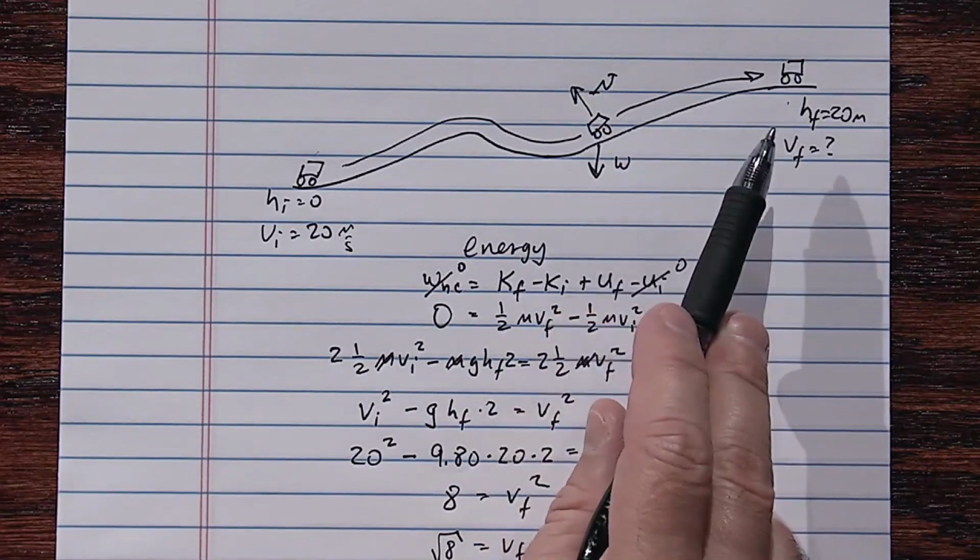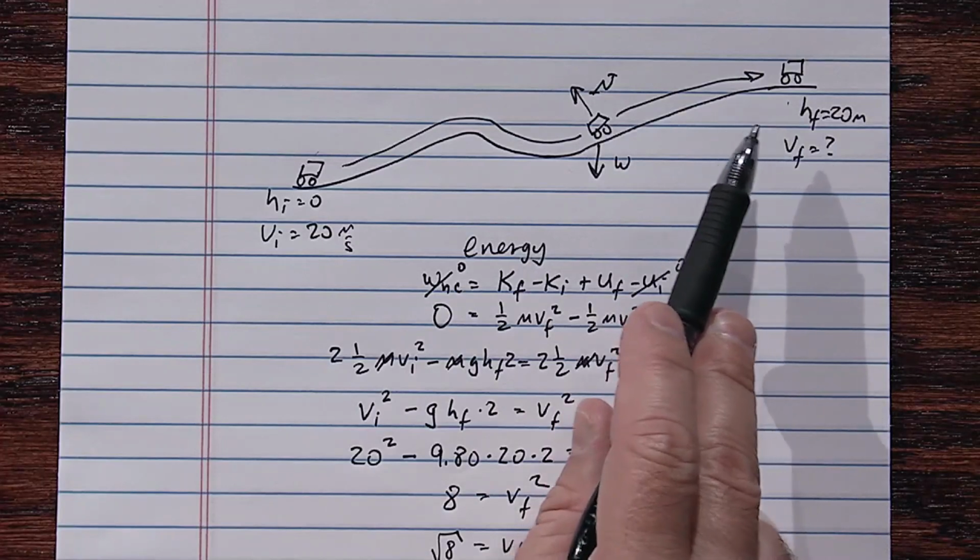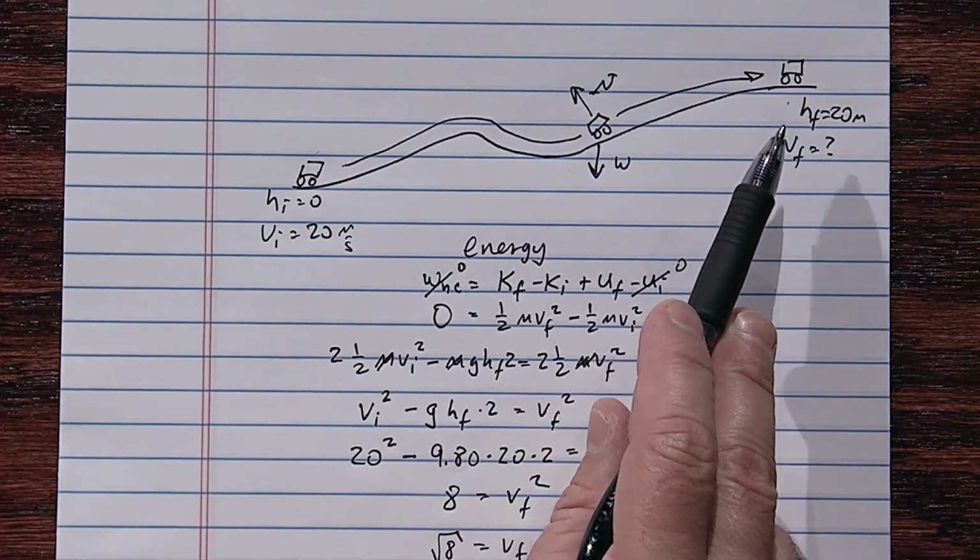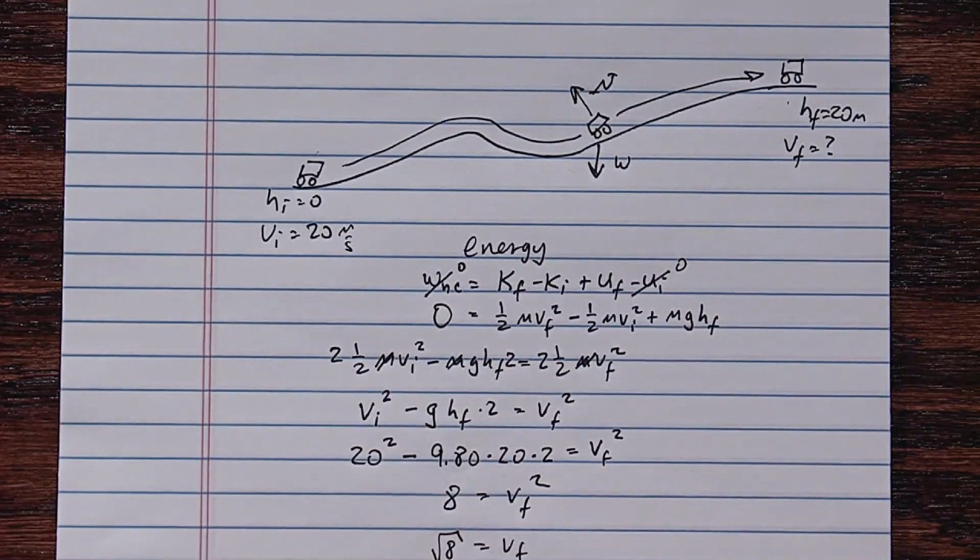It had enough kinetic energy to get the potential energy that it needed to get 20 meters high, and still had a little bit of kinetic energy left. So the cart could have gotten even a little bit higher. And if you want to, I'm not going to work this out, but you could calculate the height that the cart could ultimately reach.